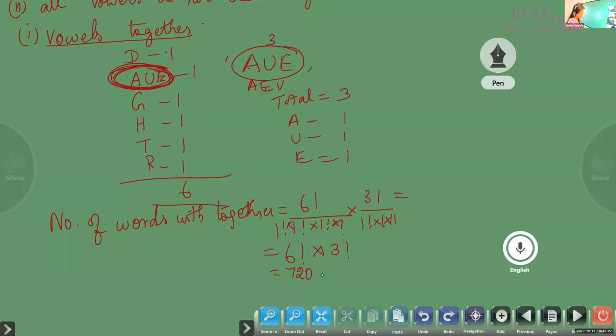Check your answer. 6 factorial into 3 factorial is there. Emmanuel, check your answer. 4320. Okay. What is the value of 6 factorial? Diya, 6 factorial is?